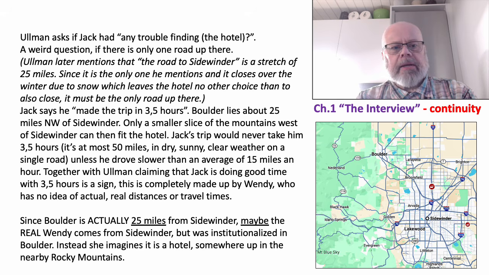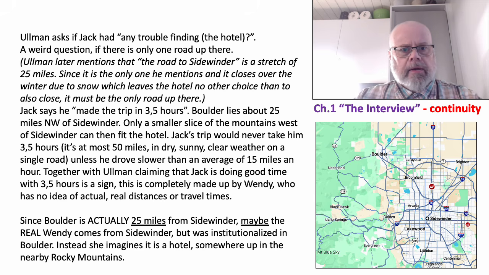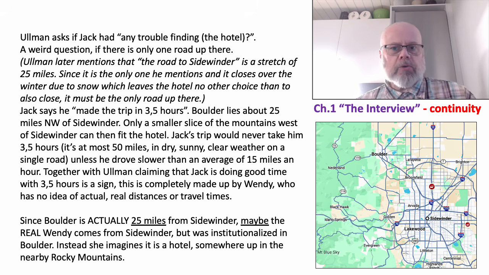Jack says that he made the trip in 3.5 hours. But Boulder lies about 25 miles northwest of Sidewinder. Only a smaller slice of the mountains west of Sidewinder can then fit the hotel into this periphery. Jack's trip would never take him 3.5 hours.